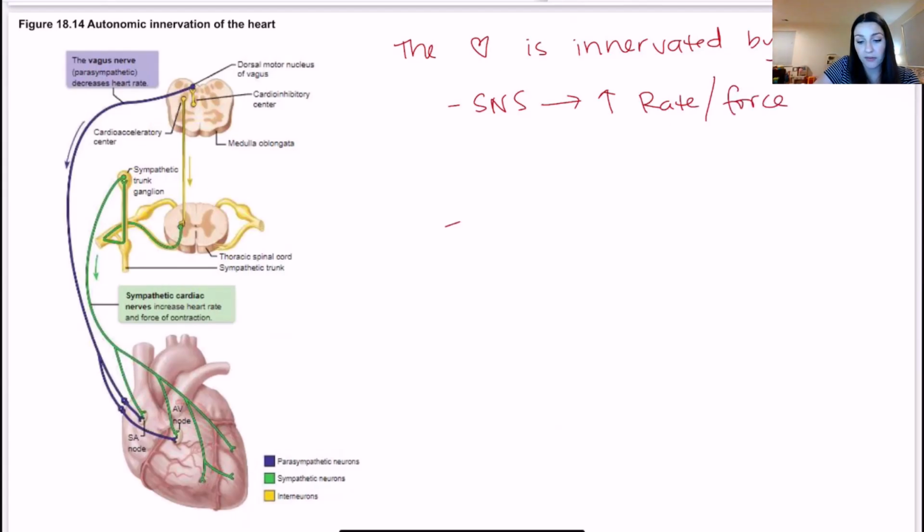But we also have the PSNS, parasympathetic nervous system, by way of this guy, the vagus nerve. If you remember from Bio 430, the vagus nerve is the parasympathetic nerve that we'll talk about forever. So when in doubt, if it's parasympathetic innervation, you're guessing it's probably the vagus nerve.